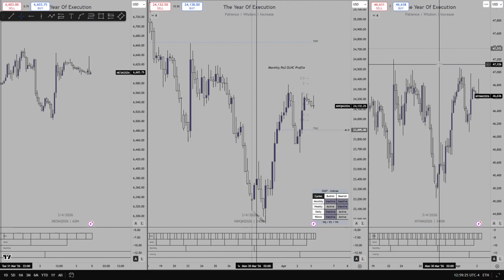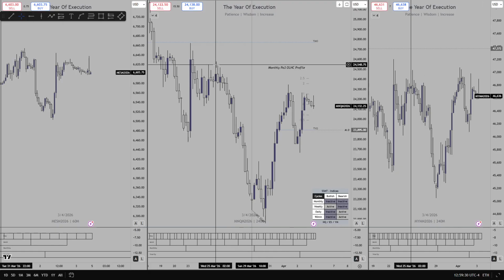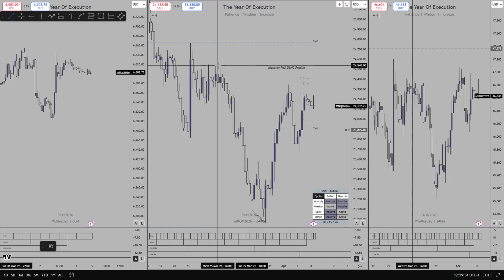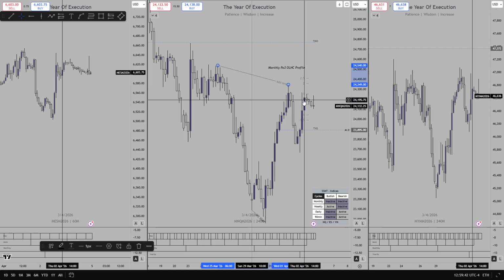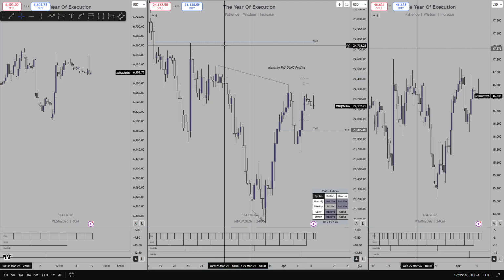Can we use that? Okay, so we have a monthly cycle SSMT that's apparently bearish. So we can definitely see some lower prices, no doubt.